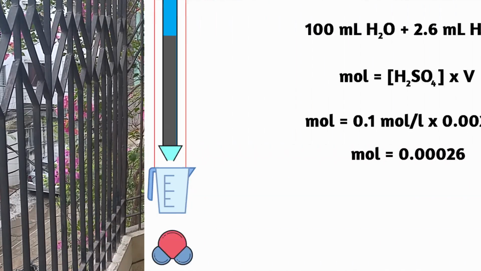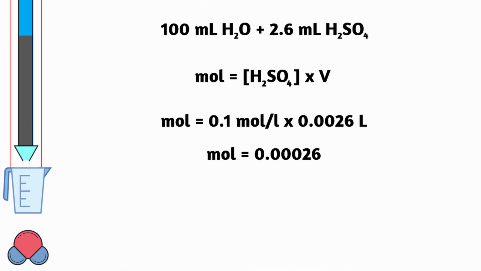Let's look here. Here we have 100 milliliters of water and 2.6 milliliters of sulfuric acid. Now, the mole of sulfuric acid is the concentration times the volume. These are the concentration and volume. The L's cancel and the mole is 0.00026.